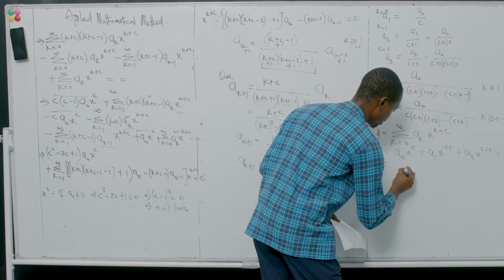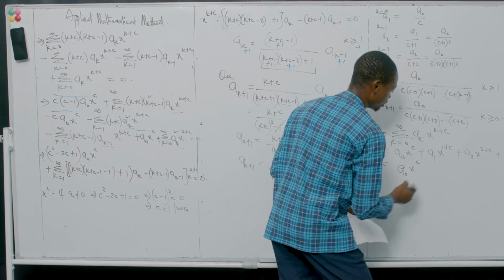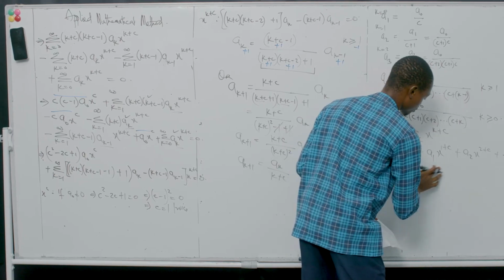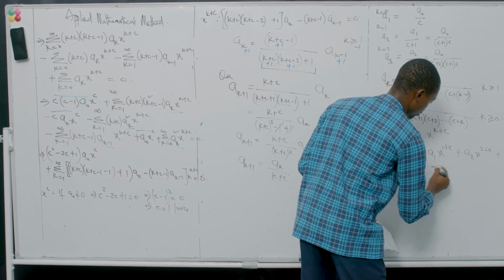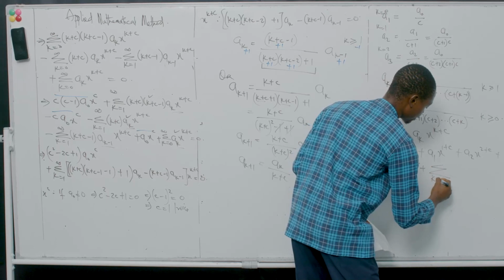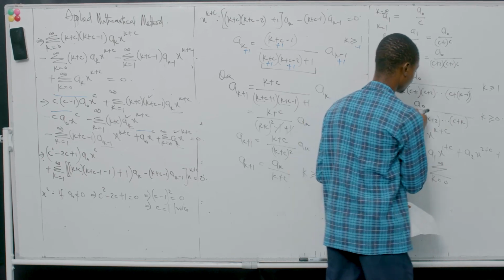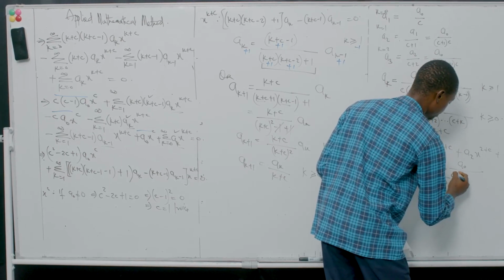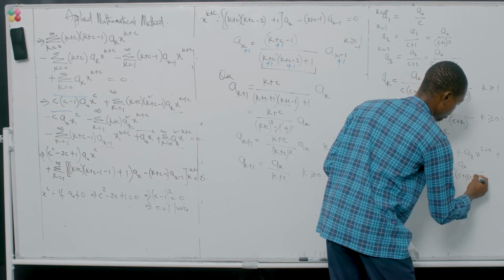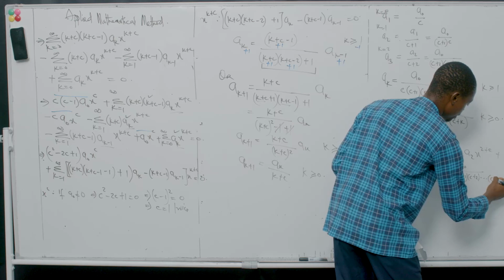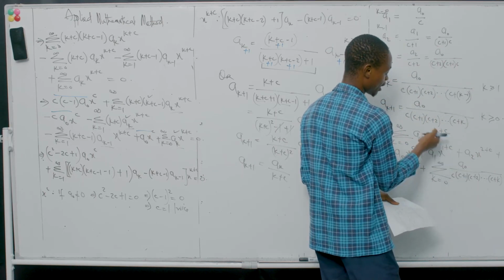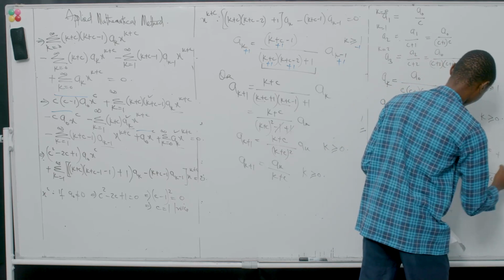So this will now be a0 x raised to power c plus summation k starting from 1 to infinity, a0 divided by c into c plus 1, c plus 2, up to c plus k, and then remember x raised to power k plus c.